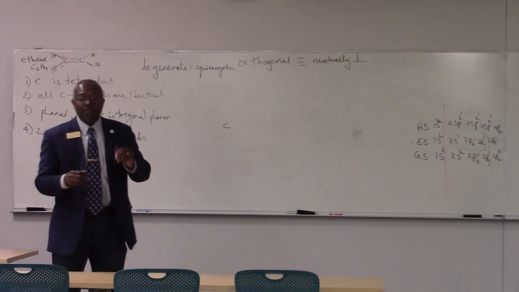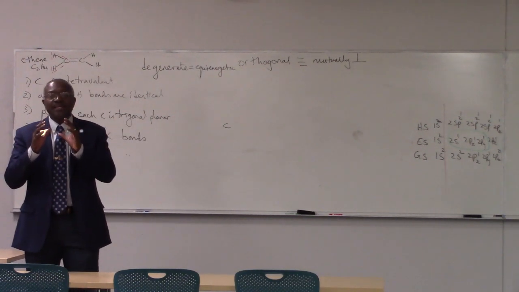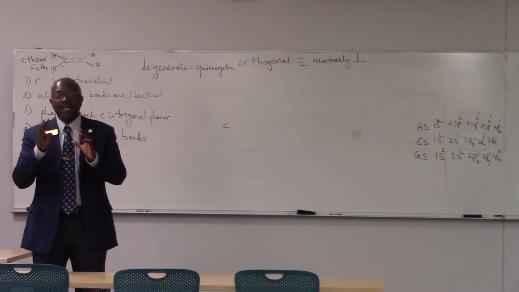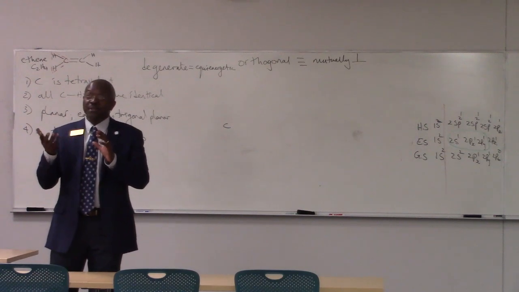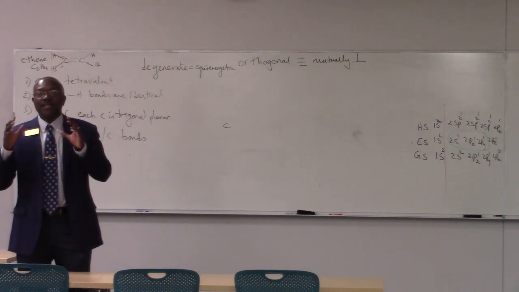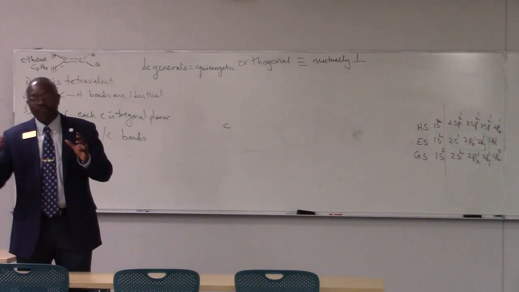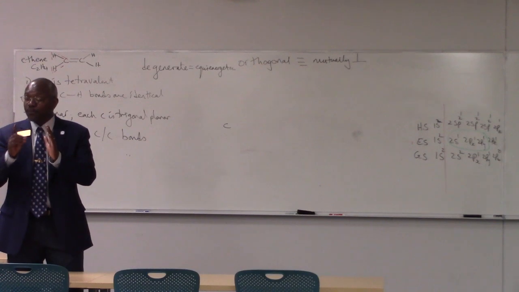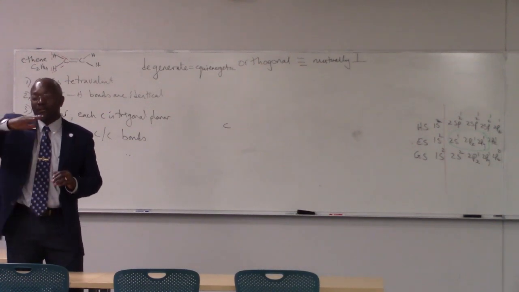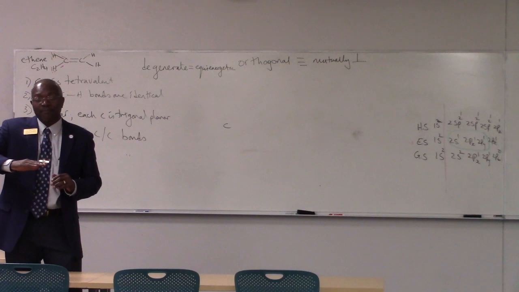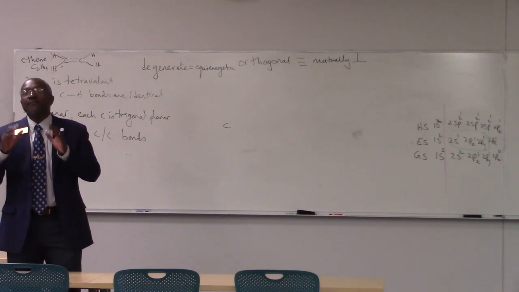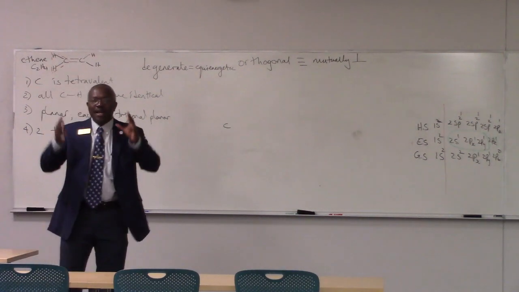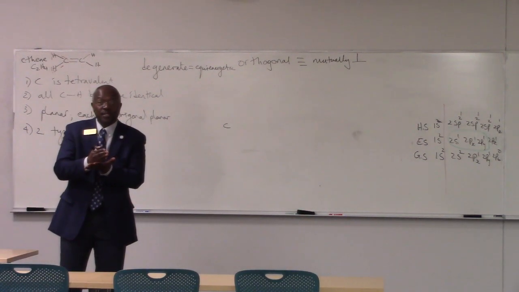Remember, as you get s character, 3 things happen to you. 1, you get rounder, which is neither here nor there. 2, you get smaller, which is very important. And 3, your energy content goes down. If you get smaller, it means that your electron cloud literally is closer to the nucleus.